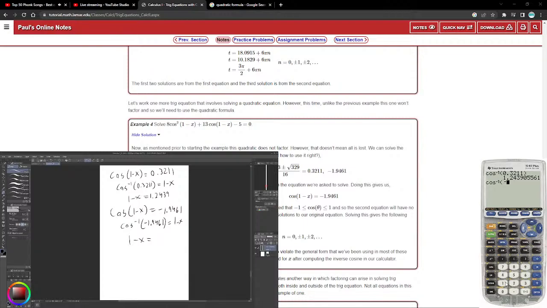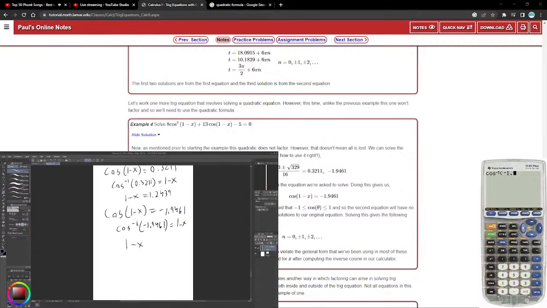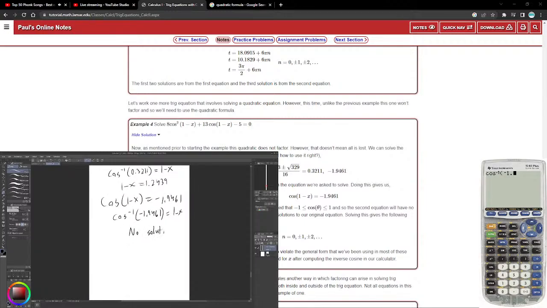Dang it, man. Inverse cos negative 1. Wait. This isn't even possible. That's not possible to do. So there's no solution for that one then. There can't be. No solution for that.